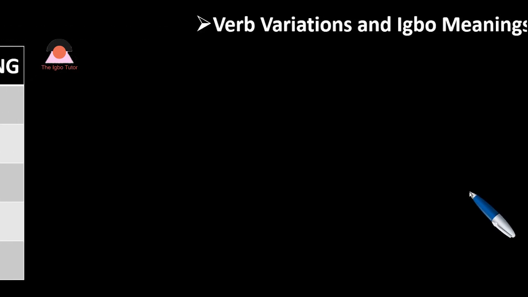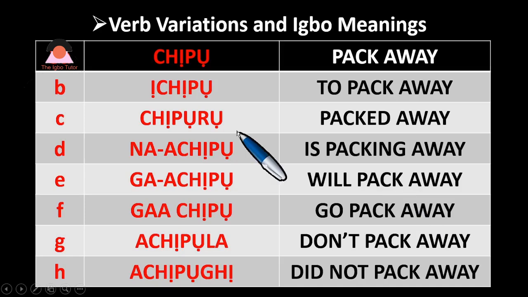So let's go. Now we break it down into its various variations and usage types. We have Chipo, pack away, simple present. We have eat Chipo, phrasal verb, to pack away. Past tense, we have Chiporo, packed away. Then future tense or present continuous, na Chipo, is packing away.